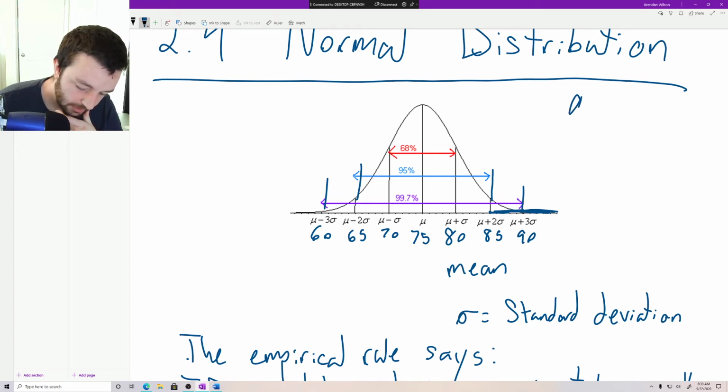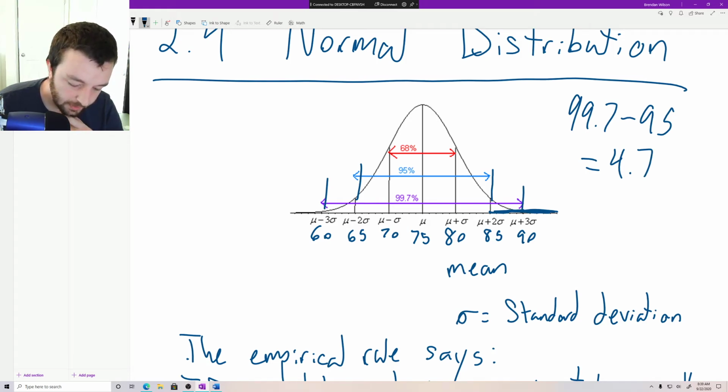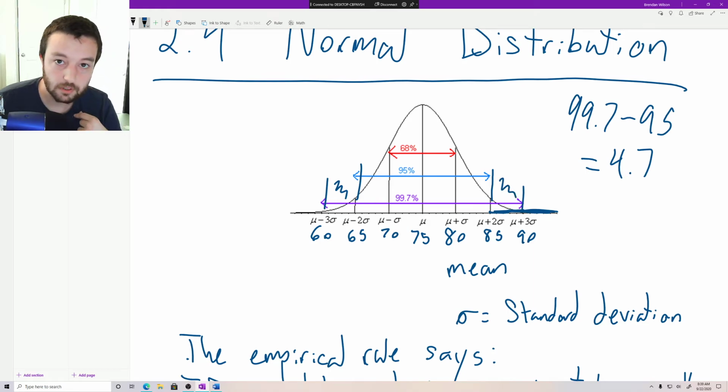So notice 99.7 minus 95 is 4.7%, which means that this part and this part in total must make up 4.7%, right? Because that's the region between 99.7 and 95. That's the extra part after 95.